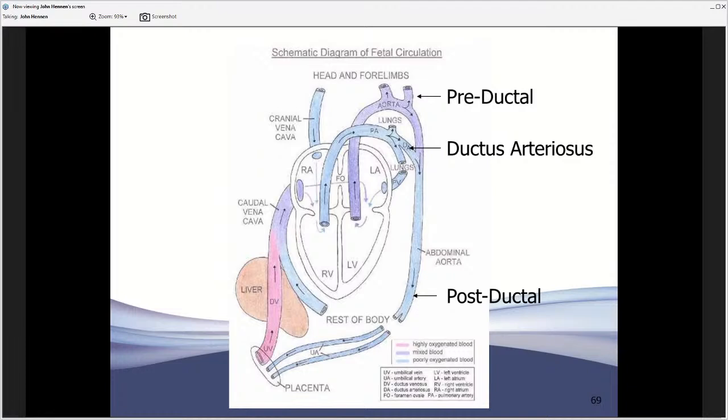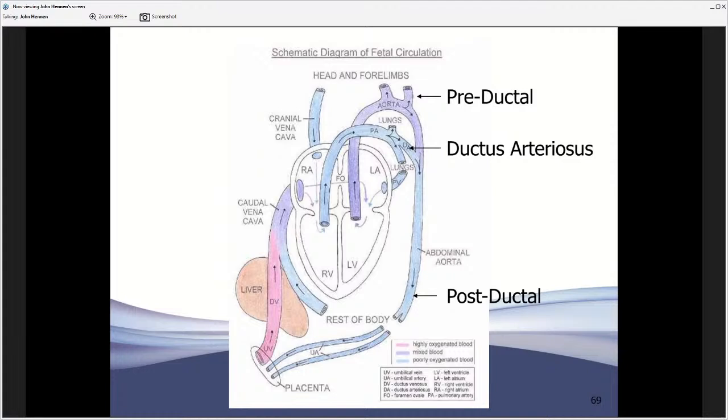Number 2, if the preductal, which is the right radial artery, PO2 is 15 torr higher than the postductal umbilical artery PO2, then the patient has a patent ductus arteriosus or a right to left shunt.